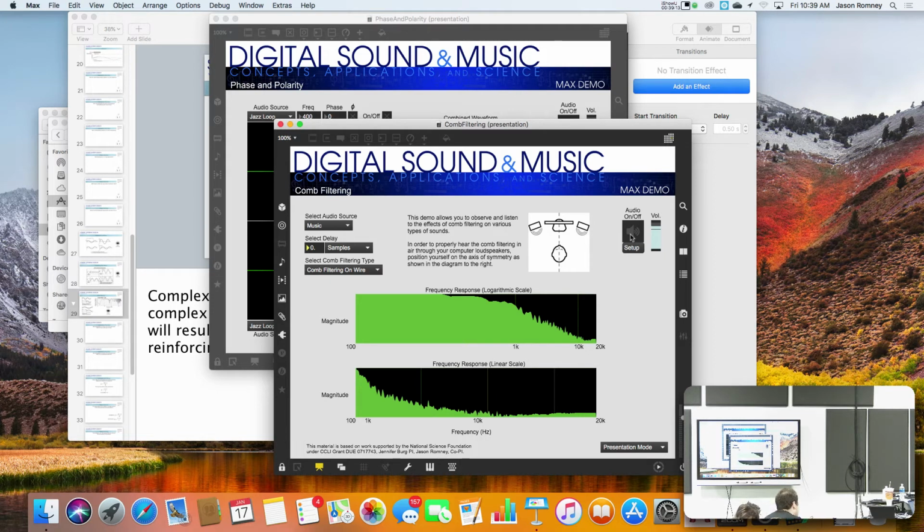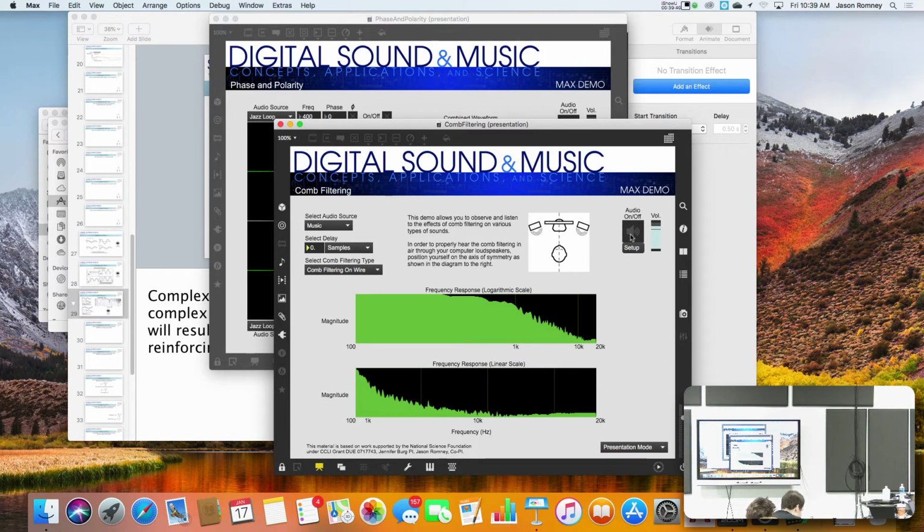Jason, quick question for you on comb filtering. What correlation does the amount of time have on the cancellations? I know you probably already answered this question, and we're going to get to it mathematically, but it changes. It's about which is that first frequency to cancel out, and the longer the time, the lower that first cancellation is.